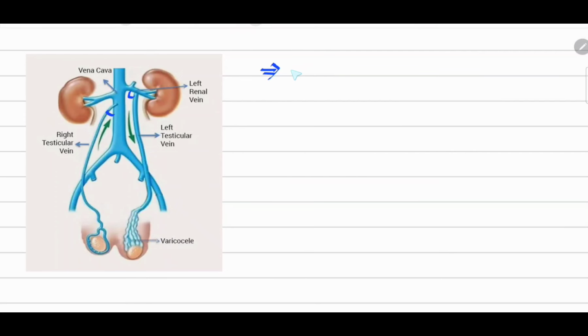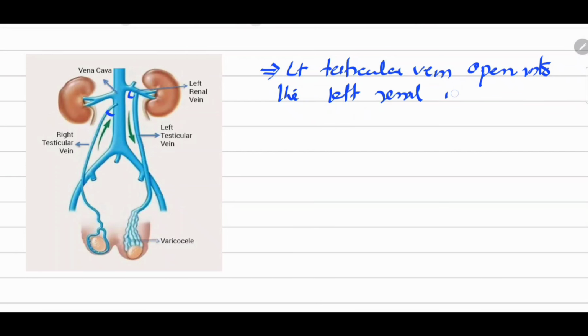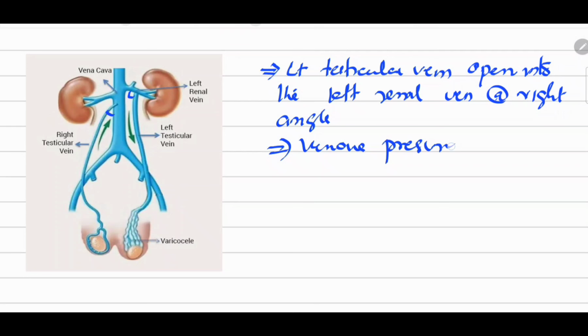The first point is: left testicular vein opens into the left renal vein at right angle, so the venous pressure is high in the left testicular vein. Okay, that is the first point.